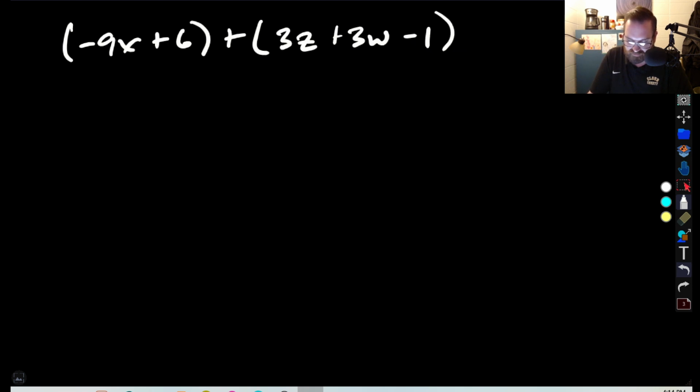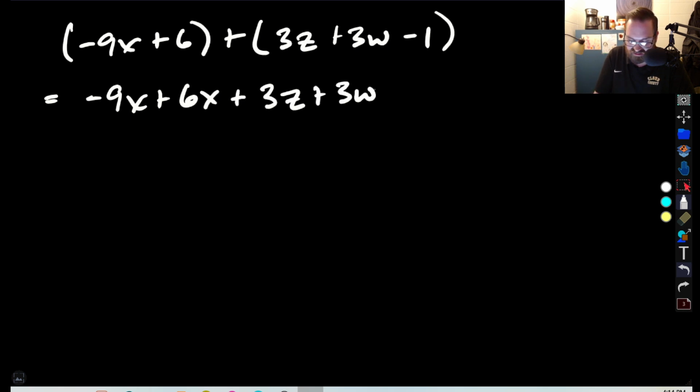Whatever. So in this case, this is the same thing as a minus 9x plus 6. Because it's a plus sign, I can just remove the parentheses. I don't have to worry about distributing anything because it's just a plus. So in this case, it's just 3z plus 3w minus 1. And then you can go ahead and combine all your like terms. My bad, I got a little excited.